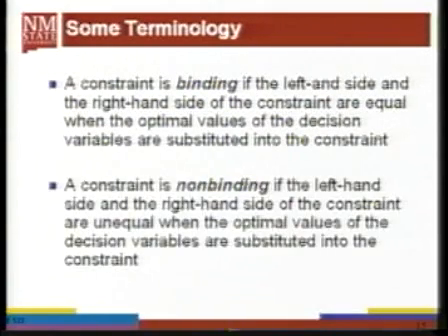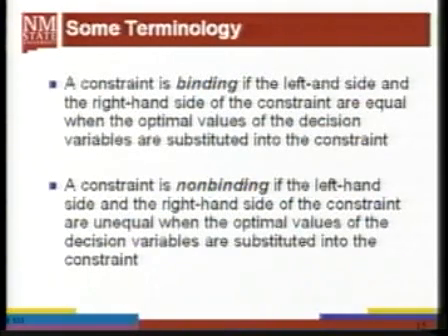So once the optimal solution to an LP has been found, it is very useful to classify each constraint as being a binding constraint or a non-binding constraint. Let me just read what is written on the screen.